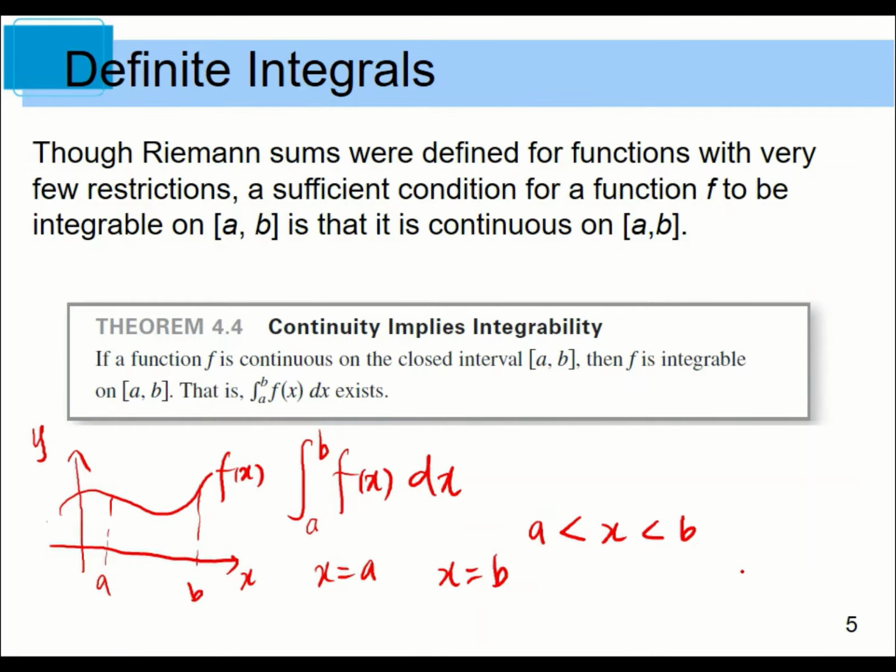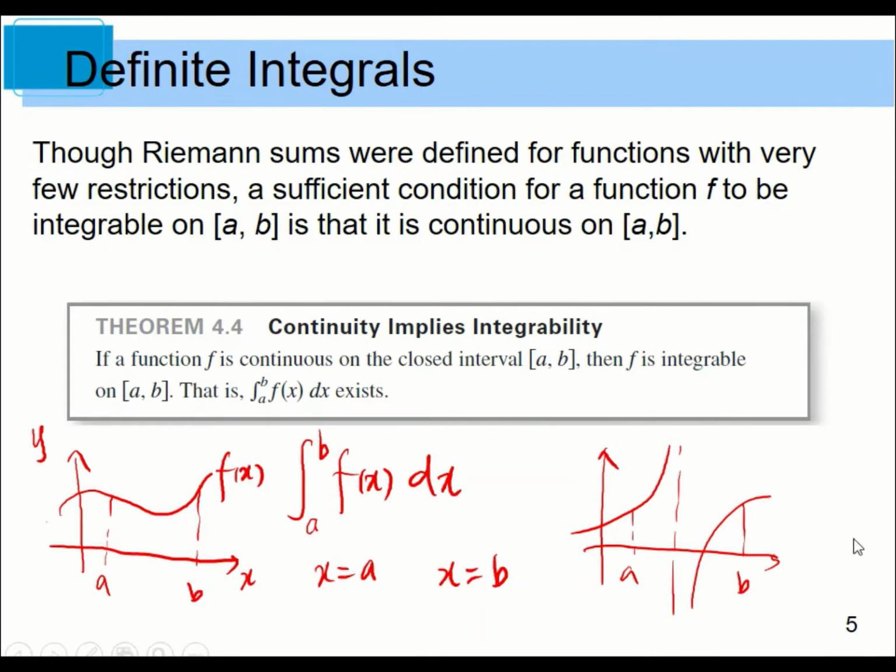Now, if the function f is not continuous within a to b, for example, it's like this. This is a and this is b. We can see here the function f is not continuous on the closed interval a to b.